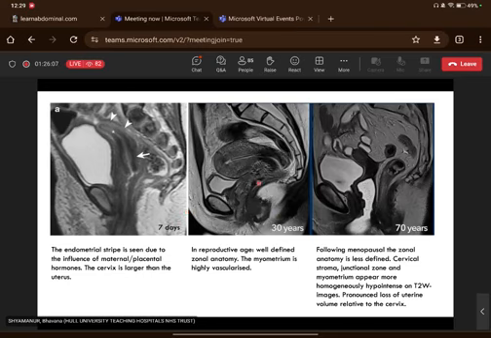In the reproductive age is when you really get the well-defined zonal anatomy, the central endometrium. This person has a coil, that's why you've got a dark line in the middle, that's not normally there. Then you have a junctional zone and outer myometrium, and then you more or less lose that definition following menopause. Everything looks a lot more uniformly homogeneous.